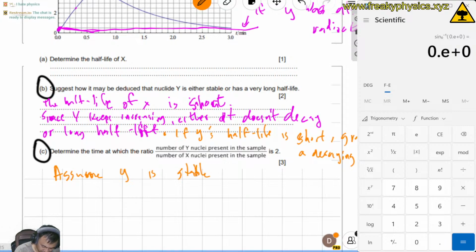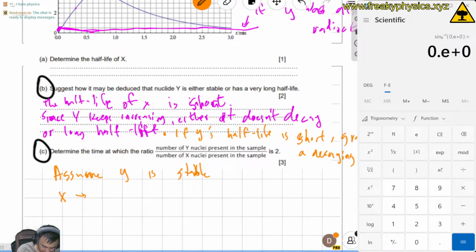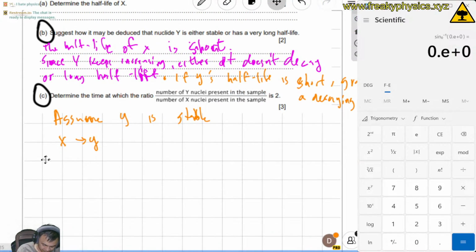If it's stable, what do we know? We know that basically X turns into Y, right? Let's do it mathematically. There's an equation for half-life, which should be under quantum mechanics, topic E, quantum radioactive decay.